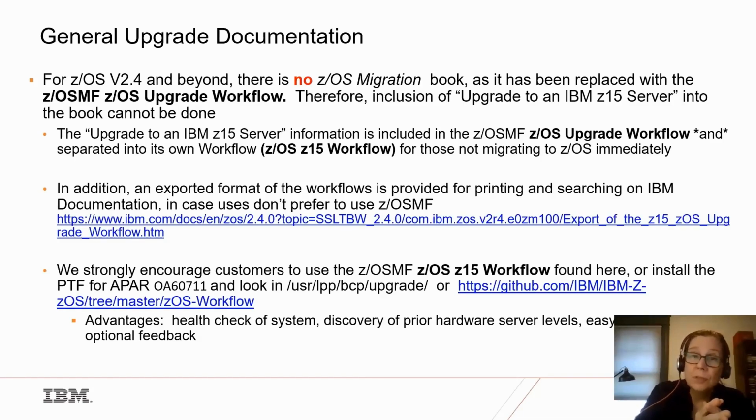And after you've installed that PTF, you can look at your user LPP BCP upgrade path. And in there, you will see the z15 upgrade workflow so that you could use it natively from that. It still does exist on GitHub, although we do know that we have a lot of problems with customers doing incorrect downloads and uploads from GitHub. And so that's why we decided to put it in a PTF so that you could find it on your z/OS system easily.